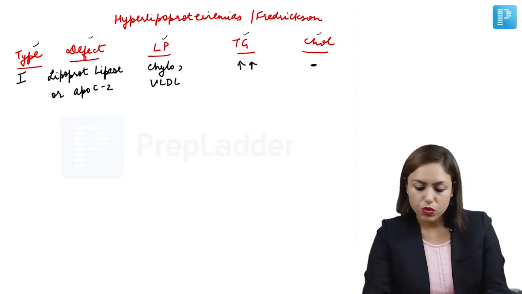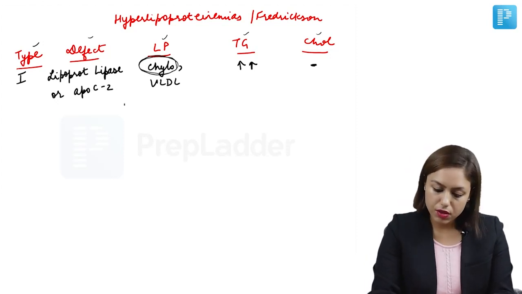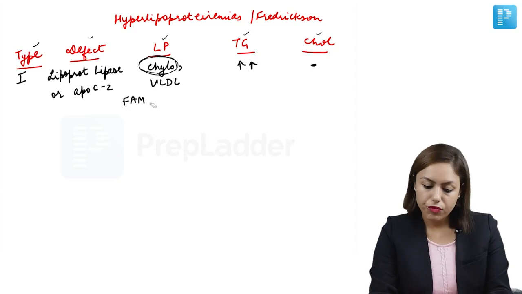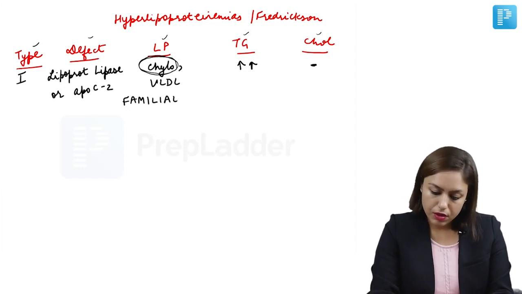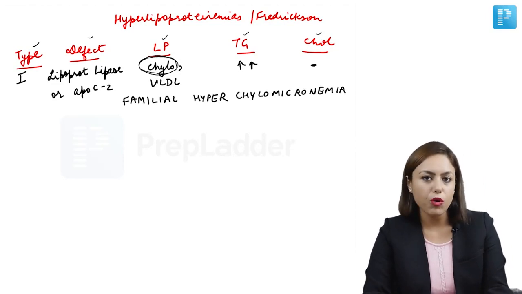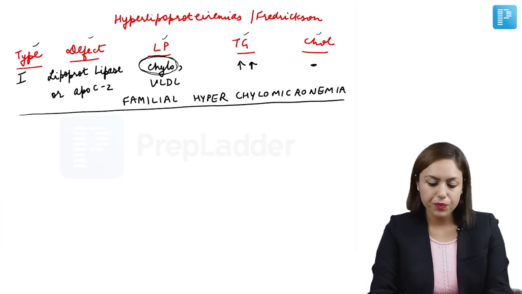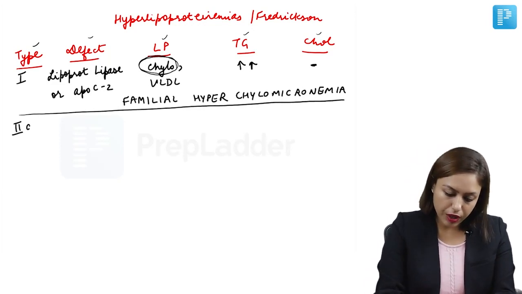Okay, so here in this disease, chylomicron increase is more than VLDL increase. So this is known as familial hyperchylomicronemia. Okay, this is the name of this type 1, familial hyperchylomicronemia, right? Then type 2A.